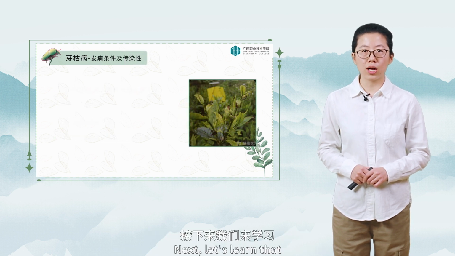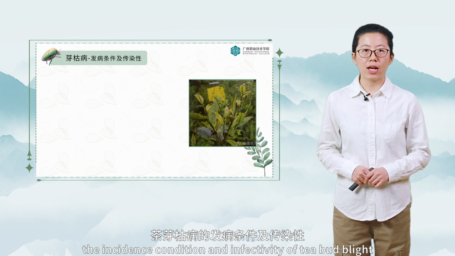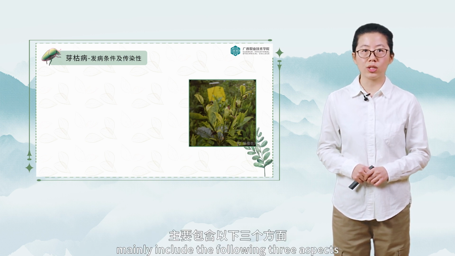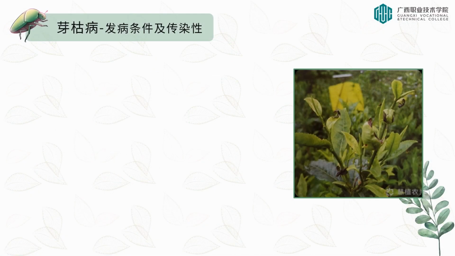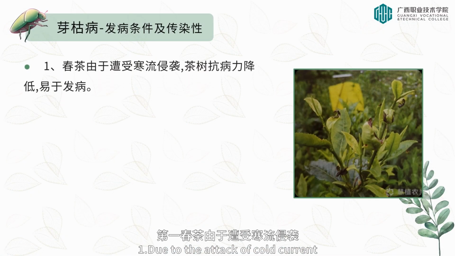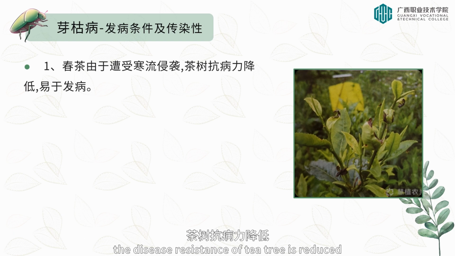Next, let's learn the incidence conditions and infectivity of tea bud blight. They mainly include the following three aspects. 1. Due to the attack of cold current, the disease resistance of the tea tree is reduced, so it is easy to get sick. 2.